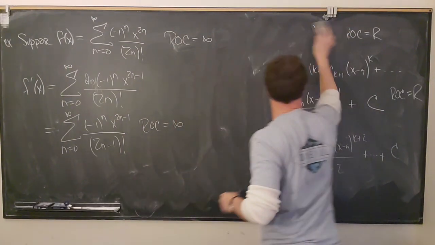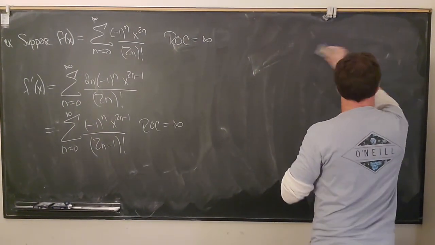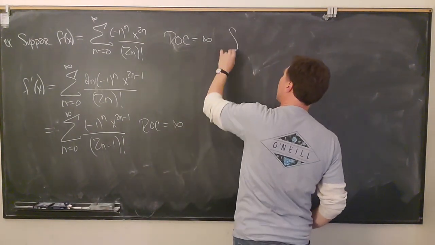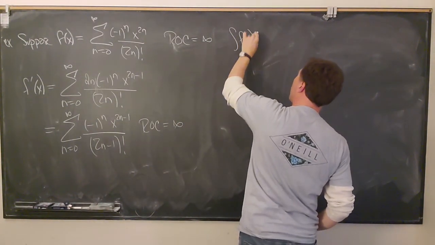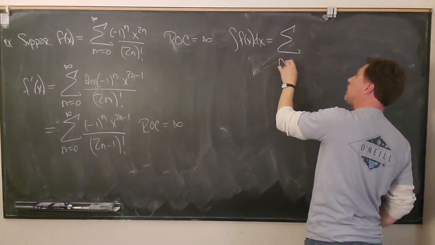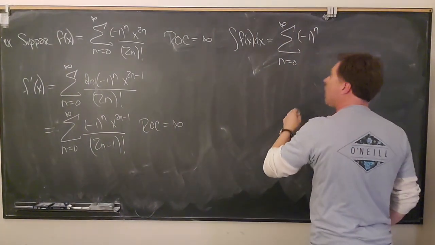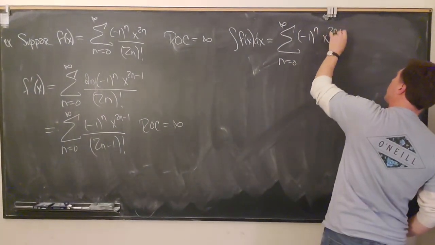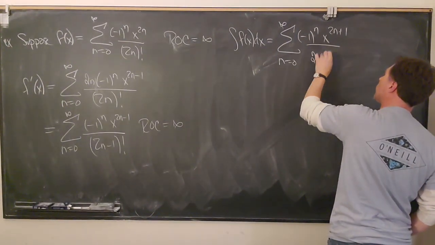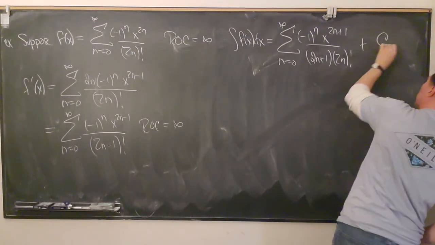Now let's compute the antiderivative. So the antiderivative of f of x is going to be found by computing the antiderivative of the corresponding power series. So we'll get x to the 2n plus 1 divided by 2n plus 1, 2n factorial, plus c.